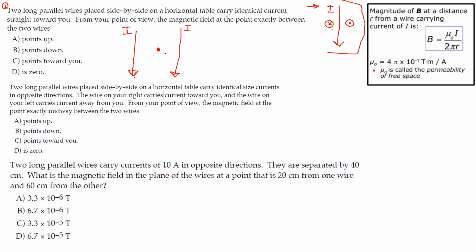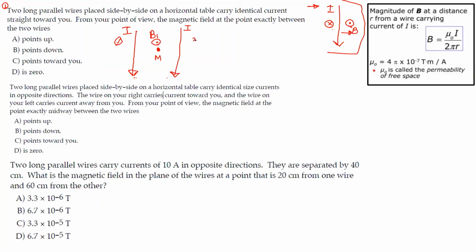Let me say this is midpoint M. This midpoint is at the right side of the first wire. Can you see that at the right side of the wire, the B field is coming out of the plane? So from the first wire, your B field is coming out.